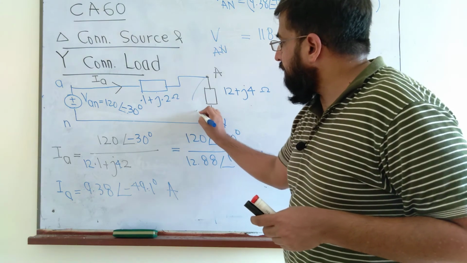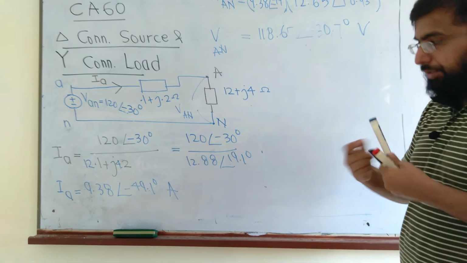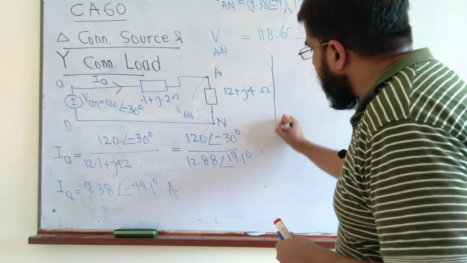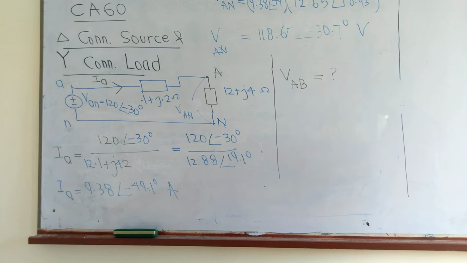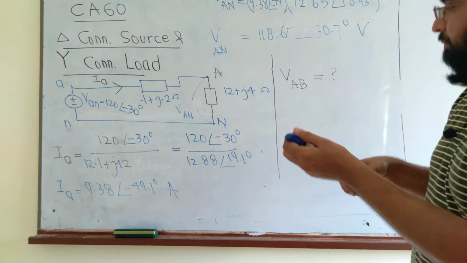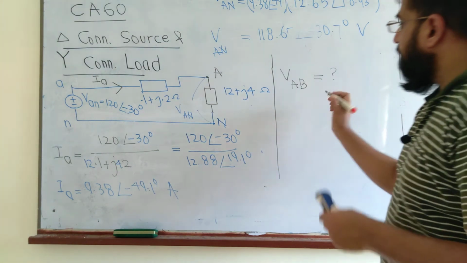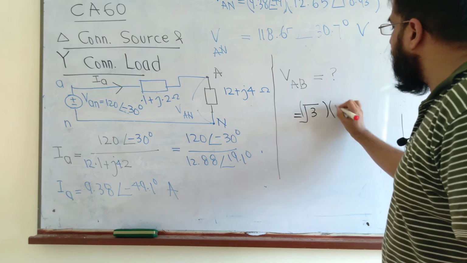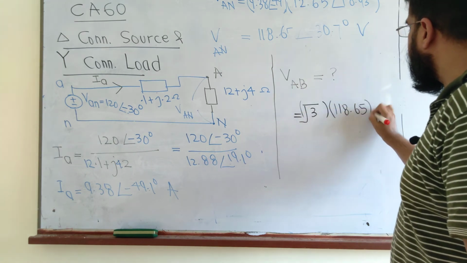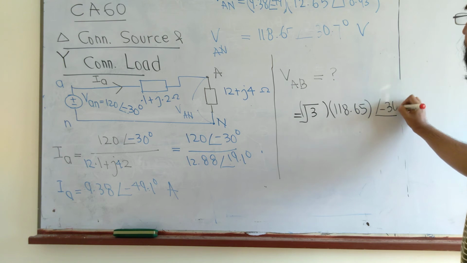So now we are almost done, because we have computed this voltage, which is actually a phase voltage, but we are required to find the voltage VAB, which is the line voltage. How do you find the line voltage given this phase voltage? If we are given a phase voltage and asked to find its corresponding line voltage, we multiply this value by root 3, and the angle is minus 30.7.